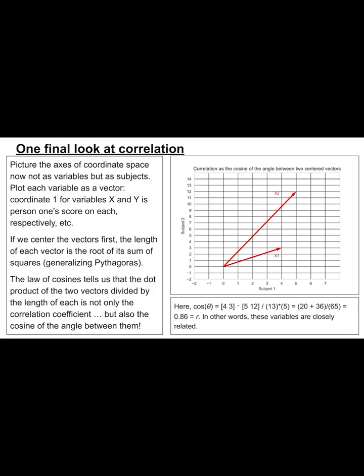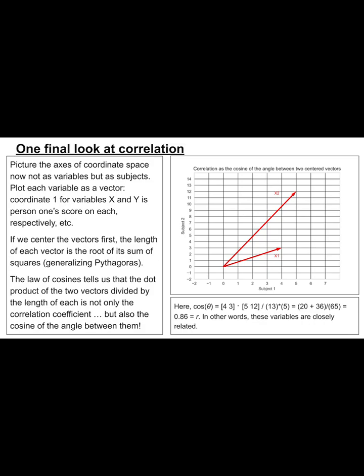And we can see here, when we go ahead and write out the full law of cosines, it tells us that the dot product of the two vectors, so xi minus x bar times yi minus y bar summed over i, that's the dot product. That's also the numerator of the covariance.